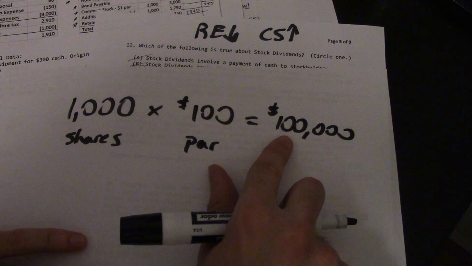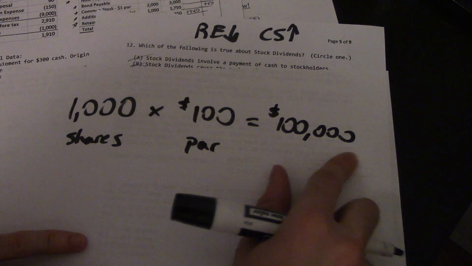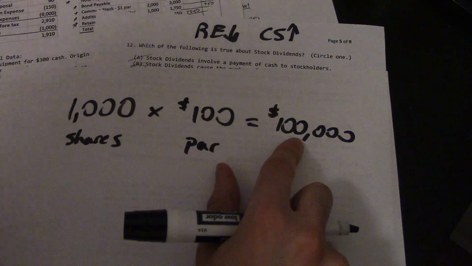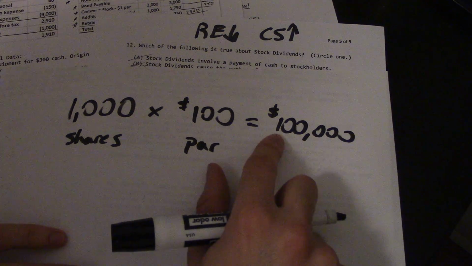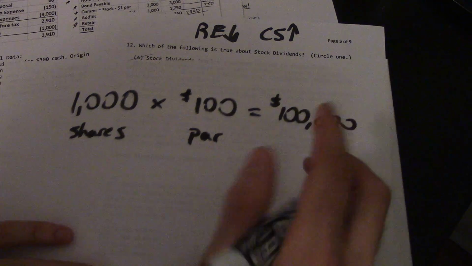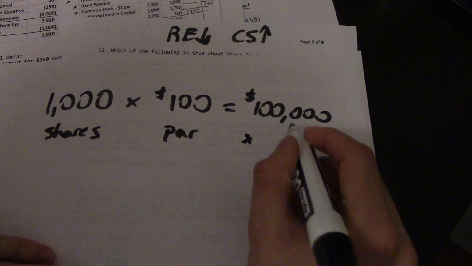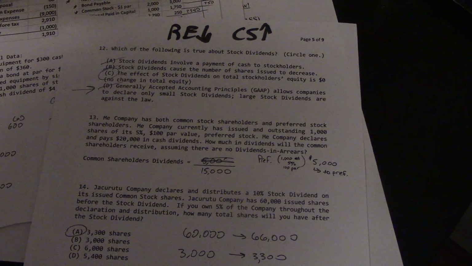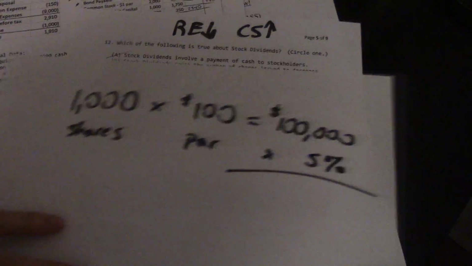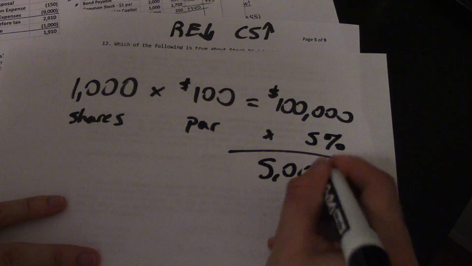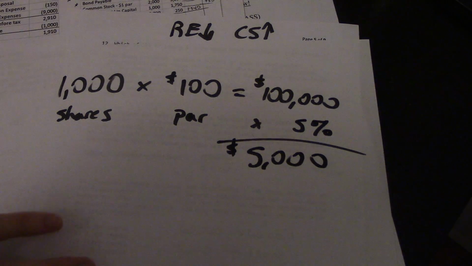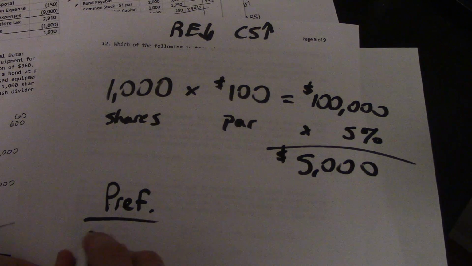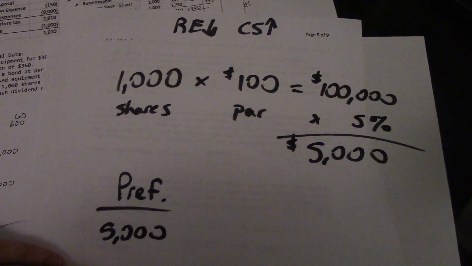So the preferred shareholders are guaranteed a 5% cash dividend of this value. So $100,000 times 5% equals $5,000. So our preferred shareholders get a dividend of $5,000.